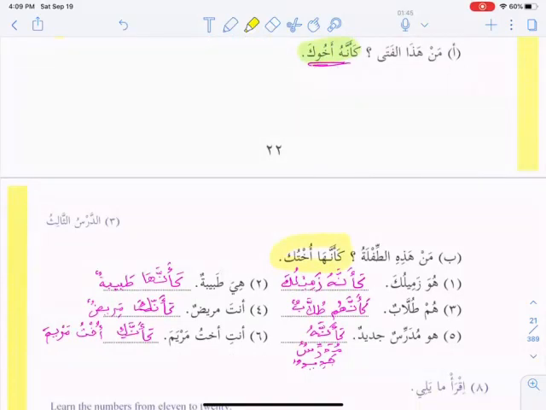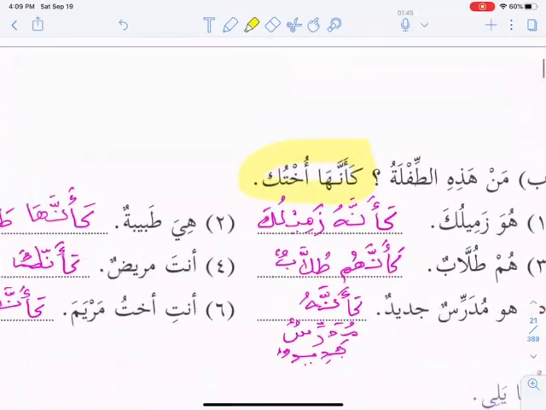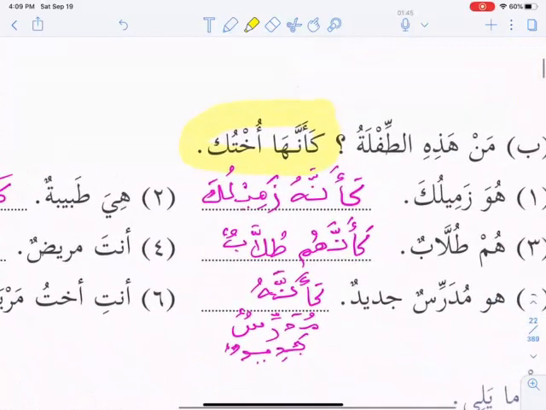What will you say? This is easy, my brothers and sisters. Look at it carefully. Huwa zamiluka. Ka'annahu zamiluka. That's all. That is your answer.